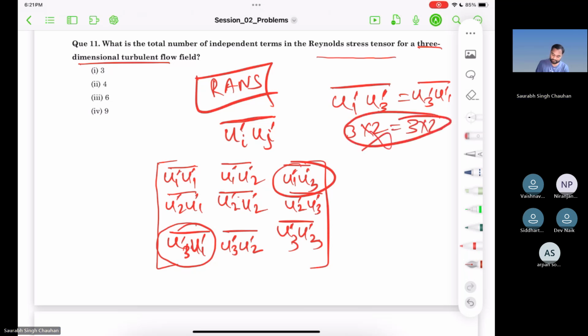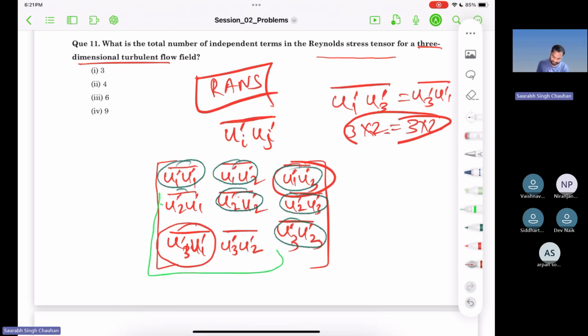So how many independent terms are there? This is independent, this is independent, this is independent, and this is independent, this is independent, this is independent. And these remaining three terms are equal to these three terms.